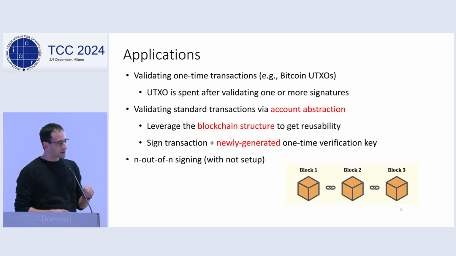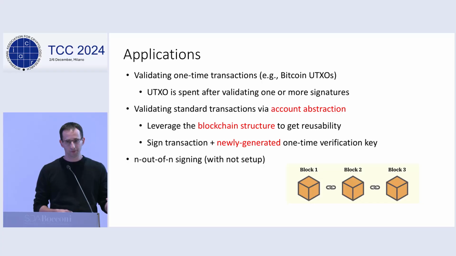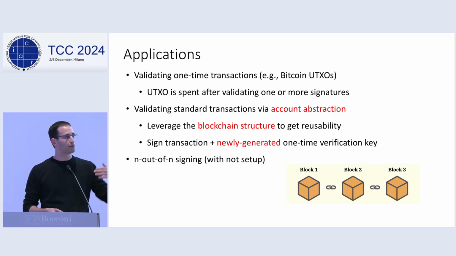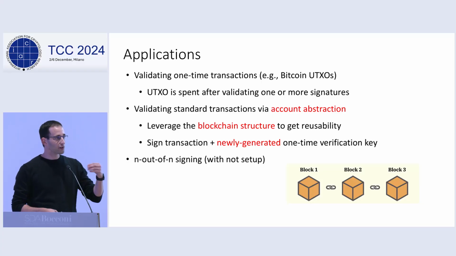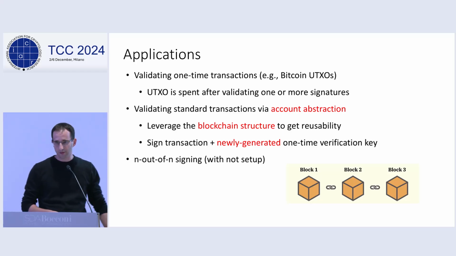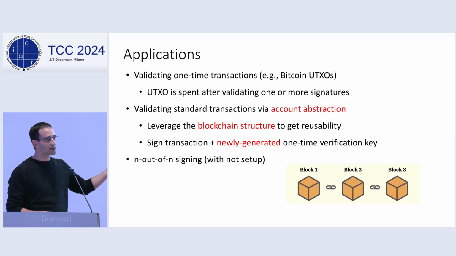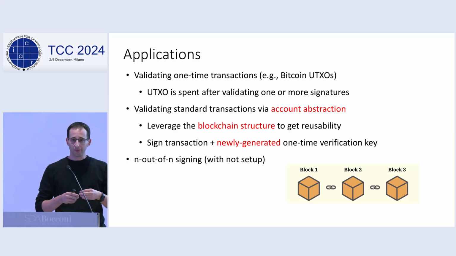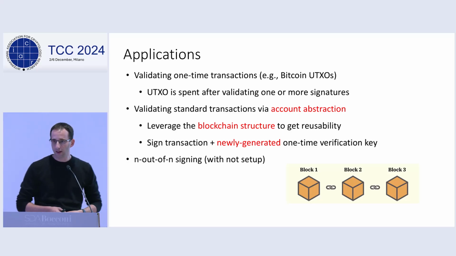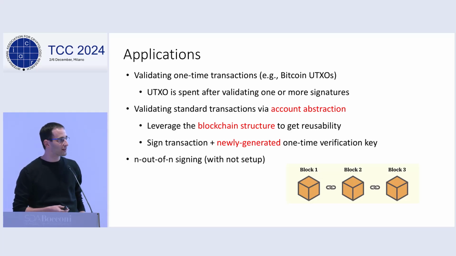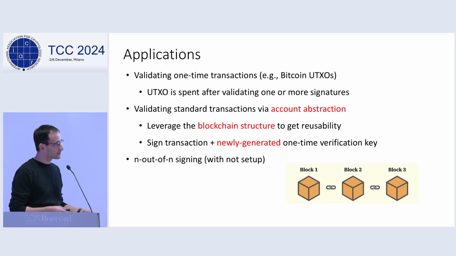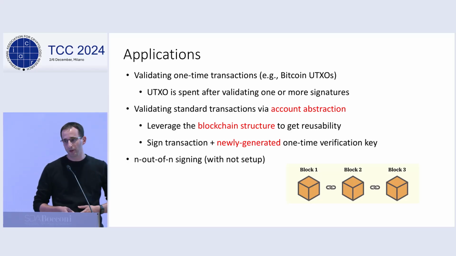Here you create a one-time signature, and you sign the message that you want and a new public key for the next signature. You create this chain of signatures and put it on the blockchain anyway. So we're exploiting the fact that we have a blockchain, and this way you can reuse the one-time signatures again and again. And the single set notion applies for any n-of-n signing that you want.